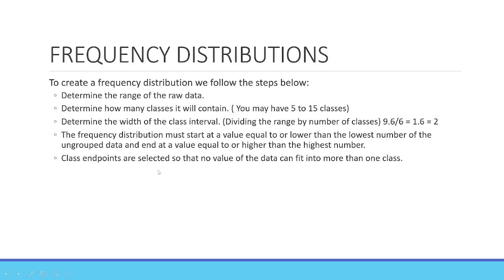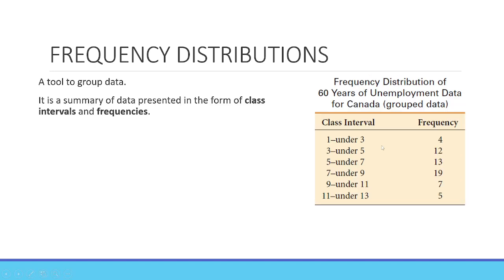Now class endpoints are selected so that no value of the data can fit into more than one class. So what does this mean? Here these endpoints 1 and 3 are defined clearly. So the first class interval is less than 3, so that a value of 3 should not come in both the first class interval and the second class interval.